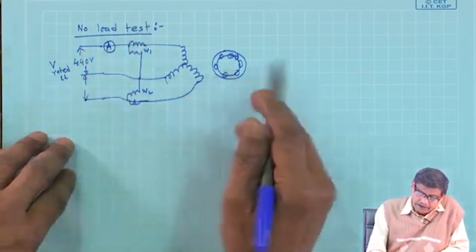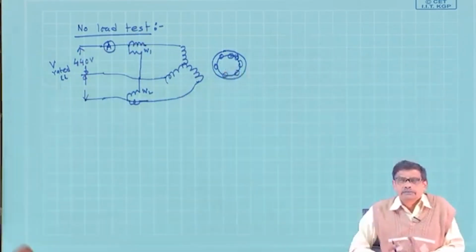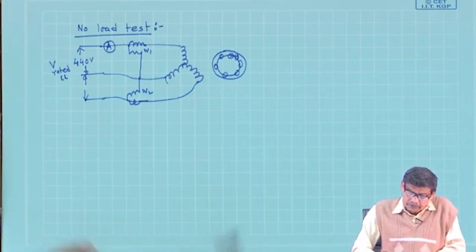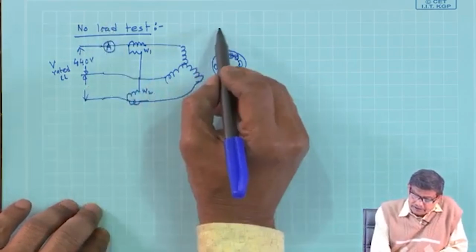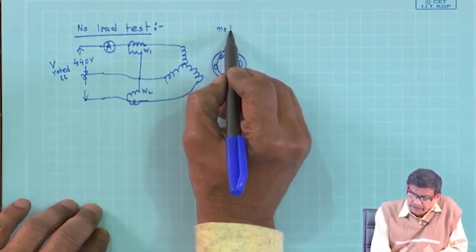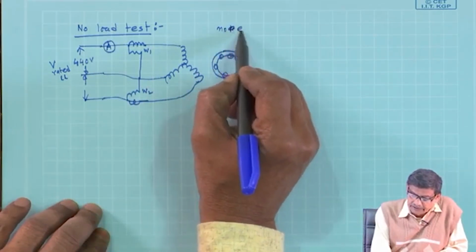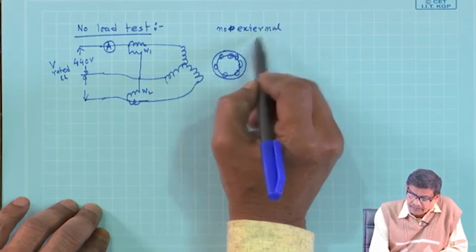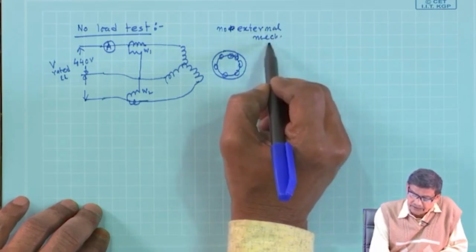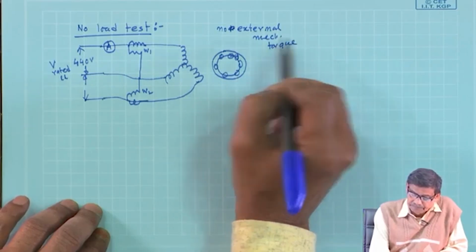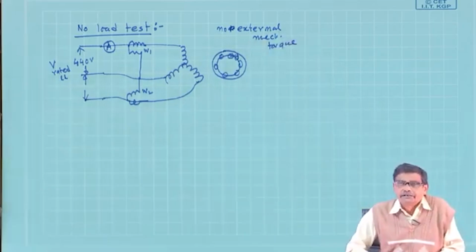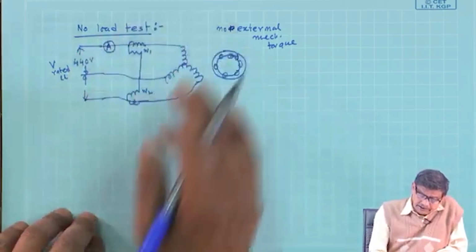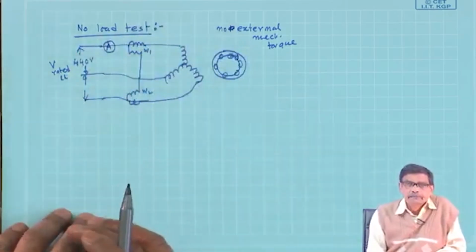So, under no external opposing torque. No load means no external mechanical torque. Only friction may be present, that is not in your hand. So, under this condition you run the machine.